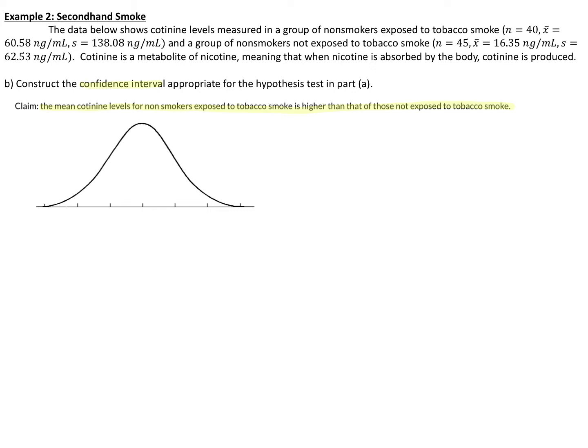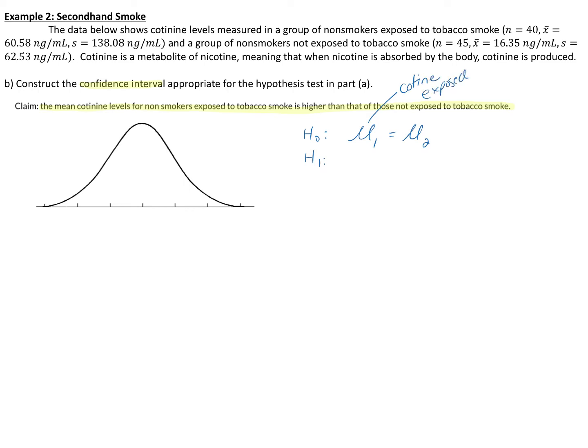null hypothesis. So let me just write the null and alternative hypothesis down again from the previous video. We said that mu1 is equal to mu2 is the null hypothesis, where mu1 represents the cotinine levels for the group exposed to tobacco.